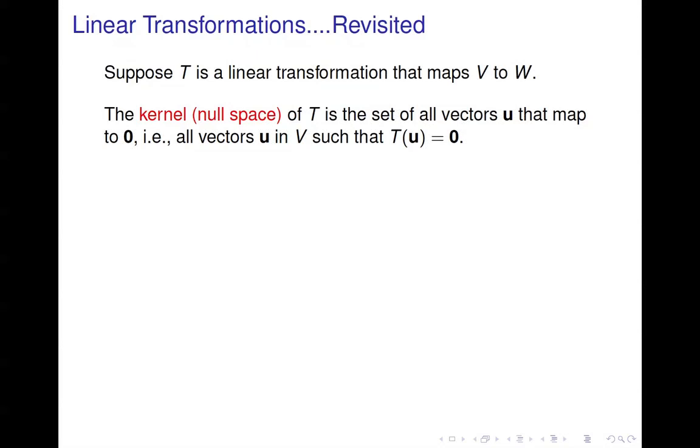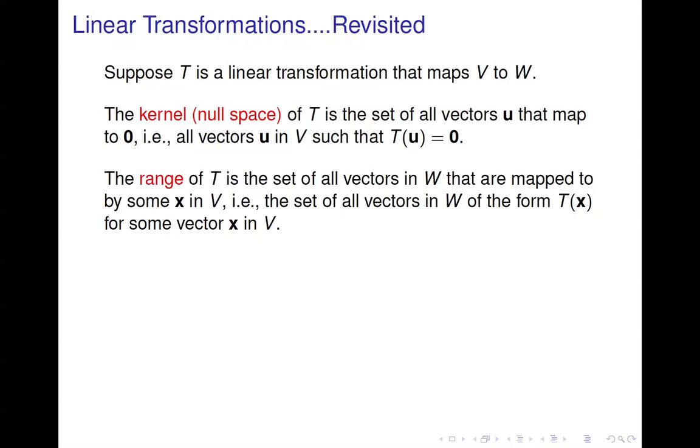And the kernel of a linear transformation is simply the set of all vectors that map to the 0 vector. So the kernel of a linear transformation is exactly the null space of the matrix that defines the transformation. So kernel and null space are analogous concepts.